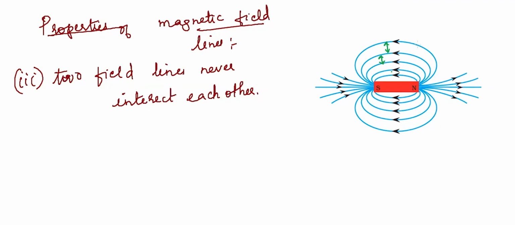If you place a compass at a point, the north of the compass should point in the direction of the magnetic field. If two lines were intersecting at that point and we keep the compass needle there, the needle must point in two directions, which is impossible. So two field lines will never intersect each other.